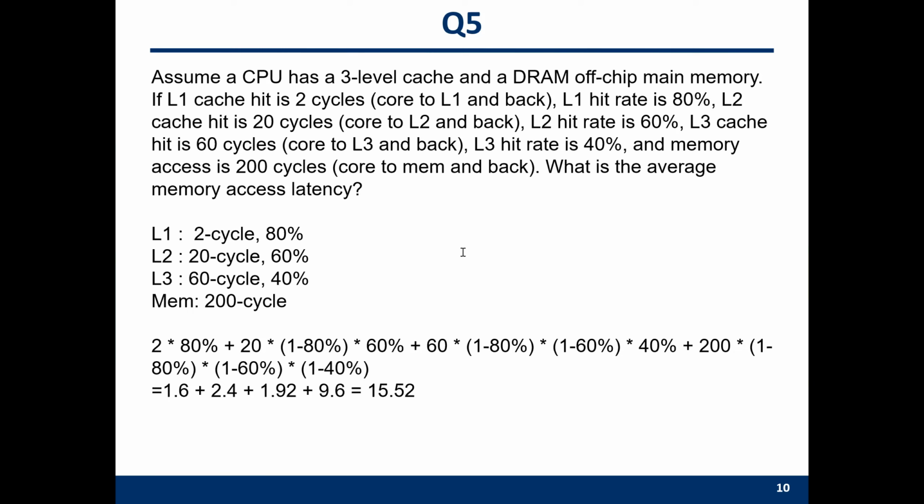So how do we compute the average memory access latency? This is the access latency for the level 1 cache, and this is the hit rate. So for all your memory accesses, 80% will be served by the L1 cache. Then you also have 20% misses.